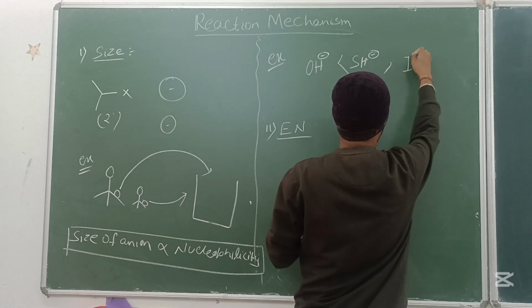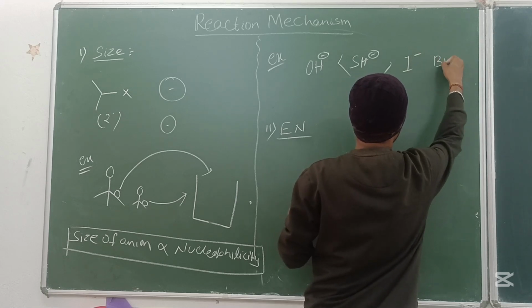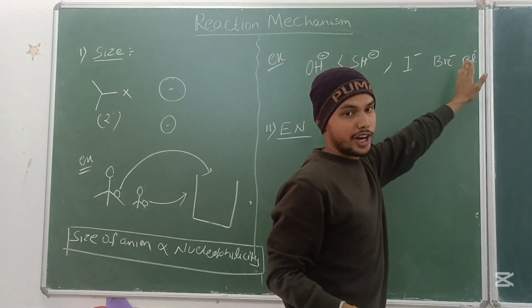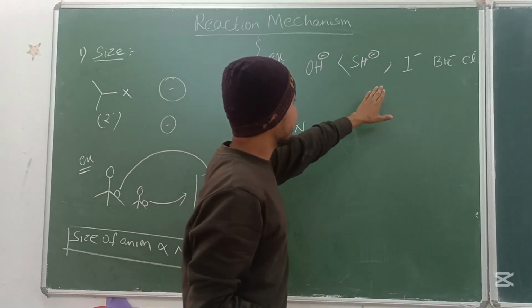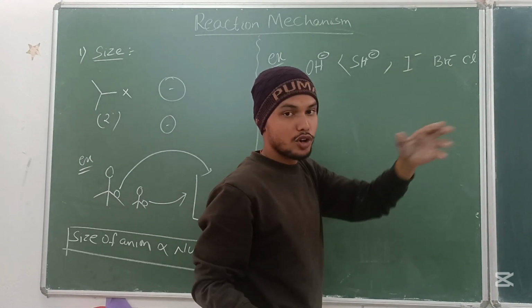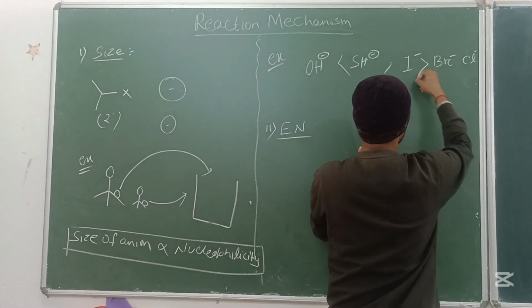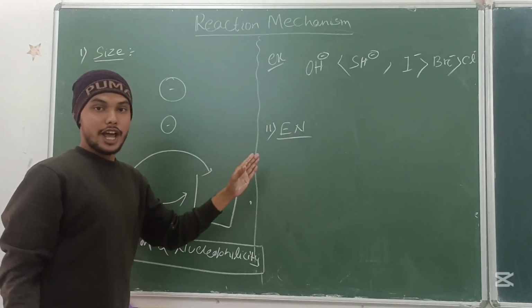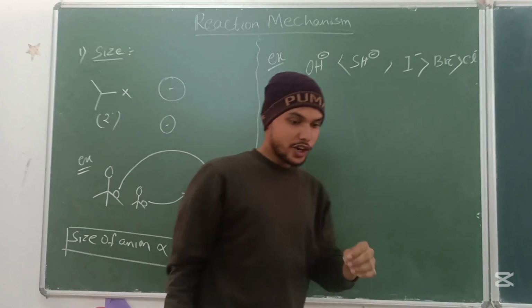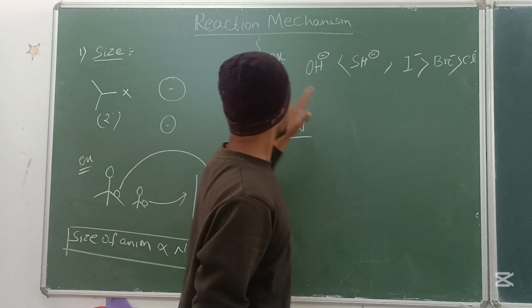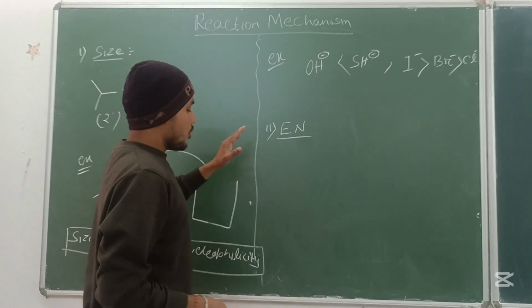Similarly, I minus, Br minus, and Cl minus. That means iodide, bromide, and chloride. Whose nucleophilicity is more? The size of iodine is more than bromine, and the size of bromine is more than chlorine. So obviously, the nucleophilicity order follows the size. Then come to the second point, electronegativity. How does the electronegativity concept affect the strength of a nucleophile?